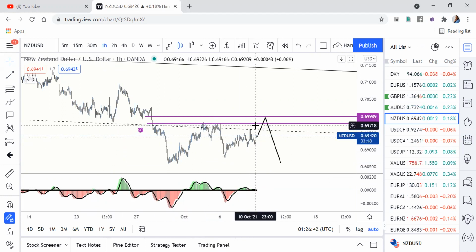But this is what I'm looking for: price to come into my area of imbalance before it drops.